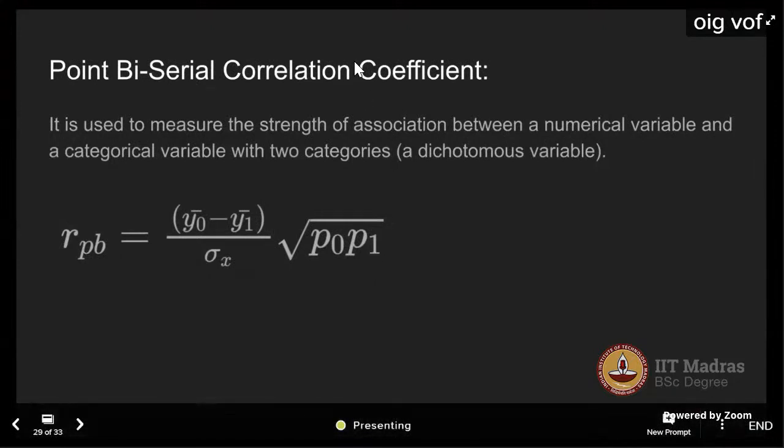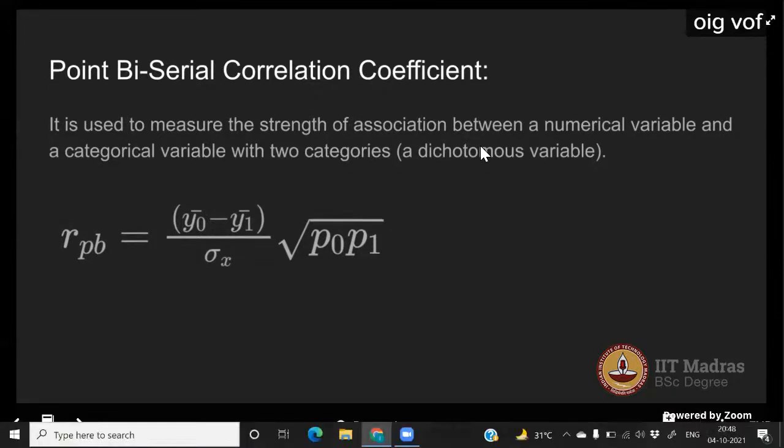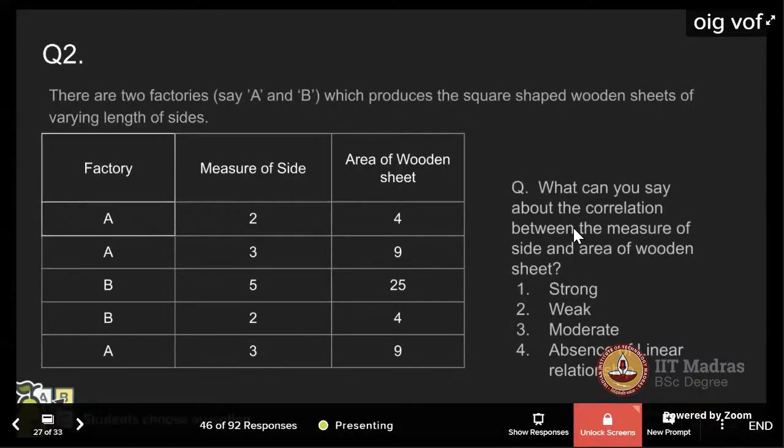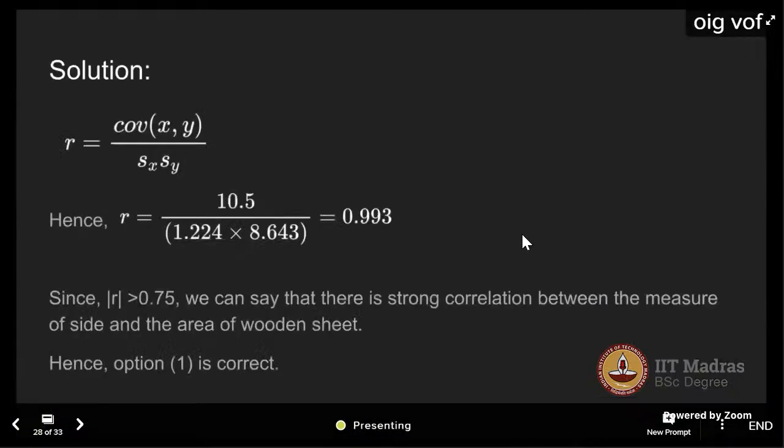Yeah, that's why I told you the previous values. You don't have to do the calculation all again. The answer is 0.99. After rounding off, it is 1, so it is strong. 0.993, so yes, it's strong. It's not mentioned how many decimal places. You can see it's greater than 0.75, so you can straightaway say it's strong.